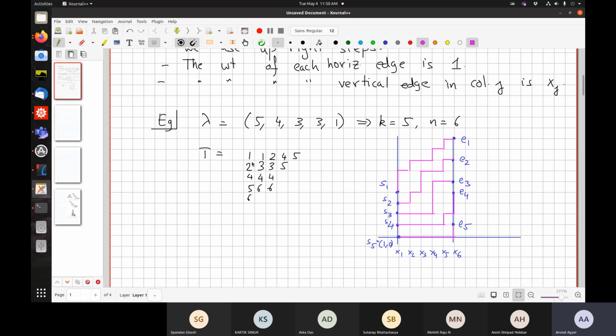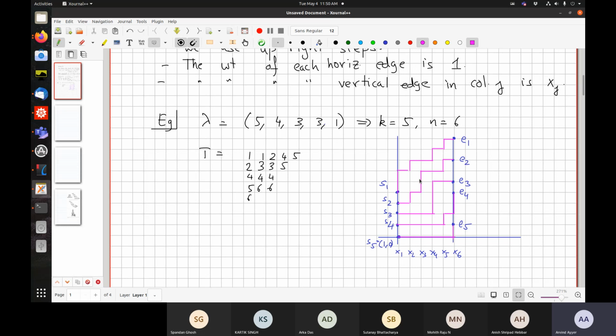You see that this is engineered so that you'll run into trouble if you don't have strict decrease along columns. For example, if this were a 1, then this would go vertically and you would intersect over here at S1. And if this were a 4, then I would have 2, a 3, a 4, and a 5, and this would intersect.